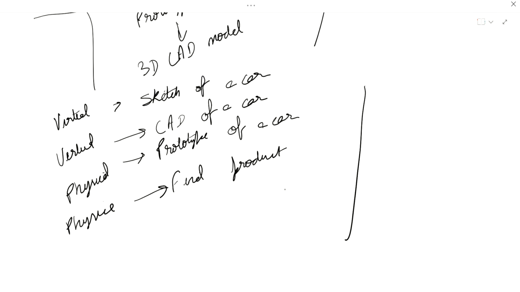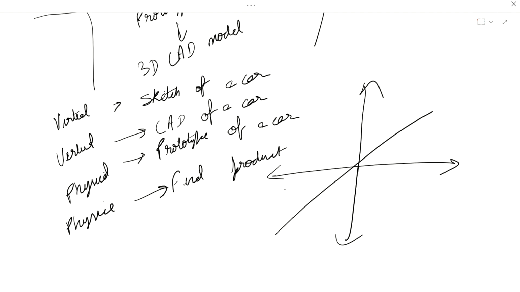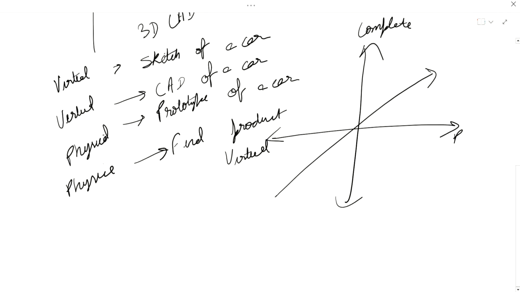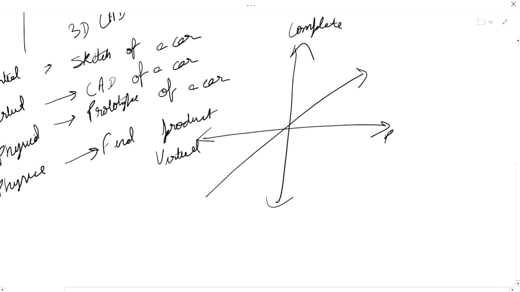Again we have a graph here. We can portray it like this: this will be virtual, and this will be physical.